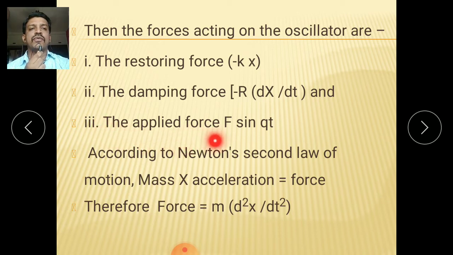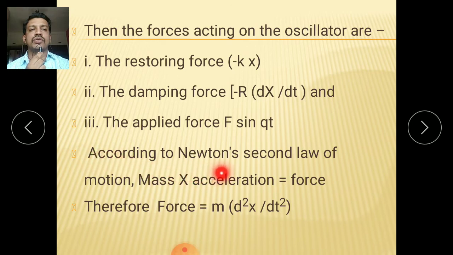The applied force F sin qt, here we apply the force, therefore the amplitude will not reduce, and therefore it is in the positive direction. Means these two forces are in the negative direction and this force is in the positive direction.